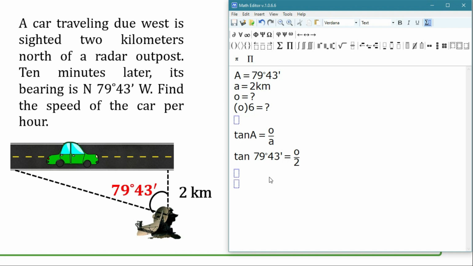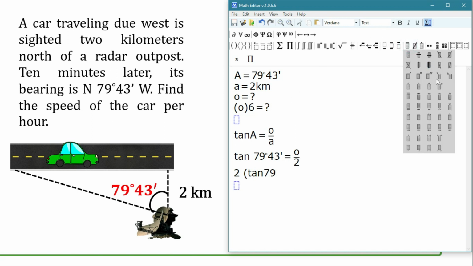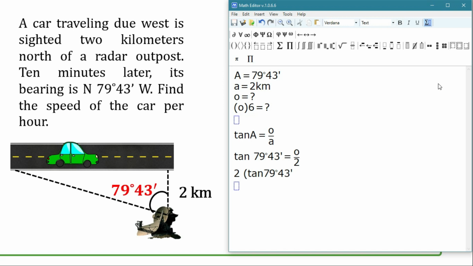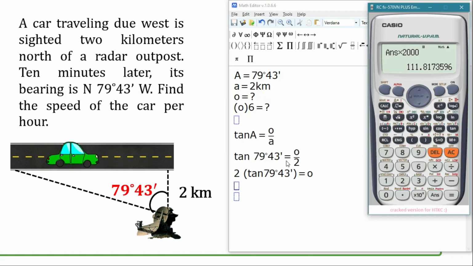To solve for O, we multiply both sides by 2. That gives 2 times the tangent of 79 degrees and 43 minutes equals O. First, we get the function value of the tangent of 79 degrees and 43 minutes using our calculator.